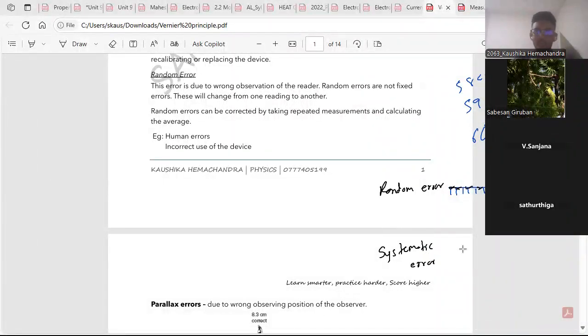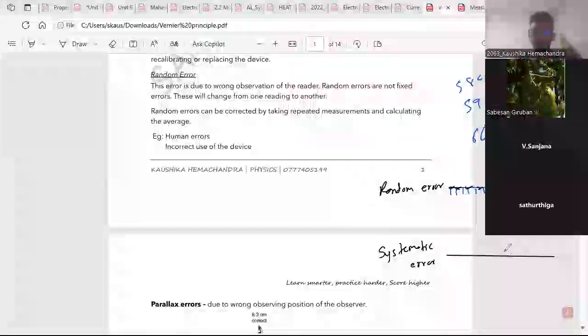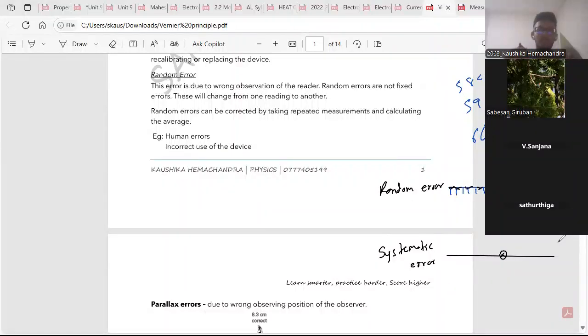right? Systematic error, that is, there is a correct reading. This is the correct reading. So due to systematic error, even if we reduce the random error and observe the reading accurately, it's not a problem of the observer now.